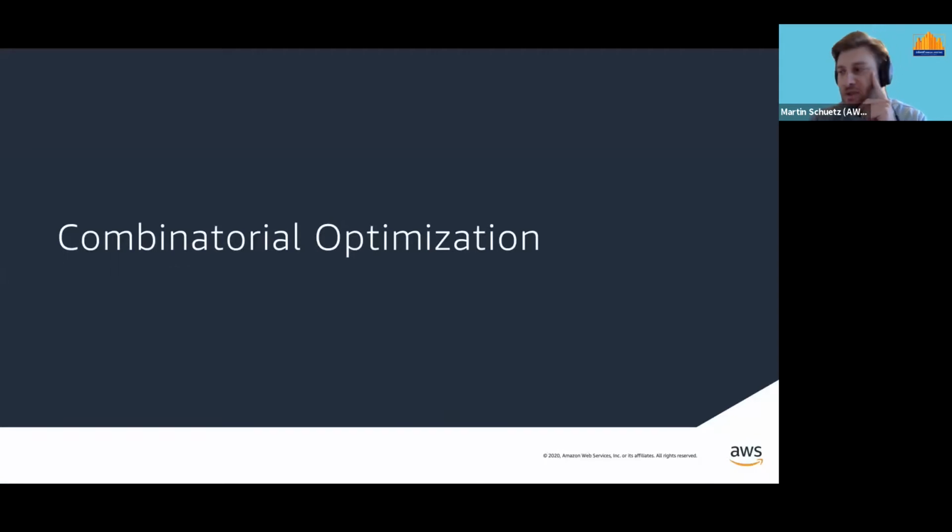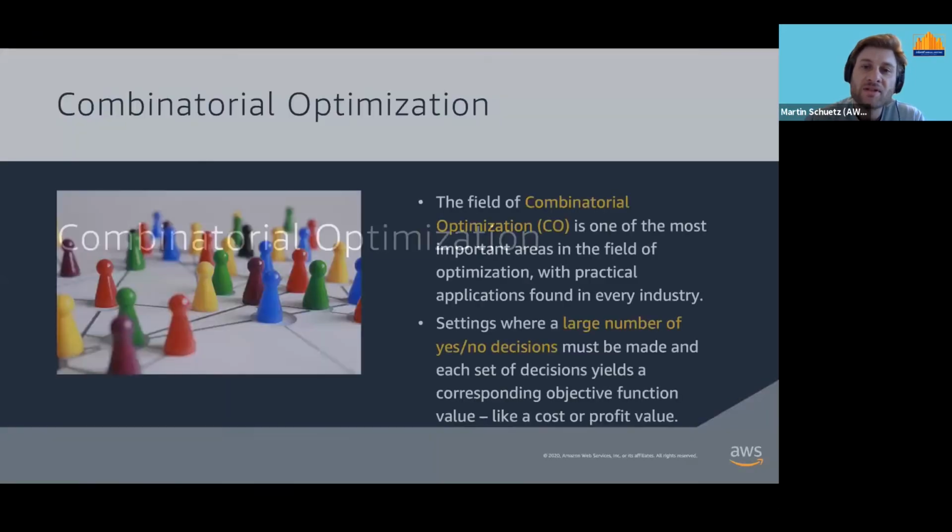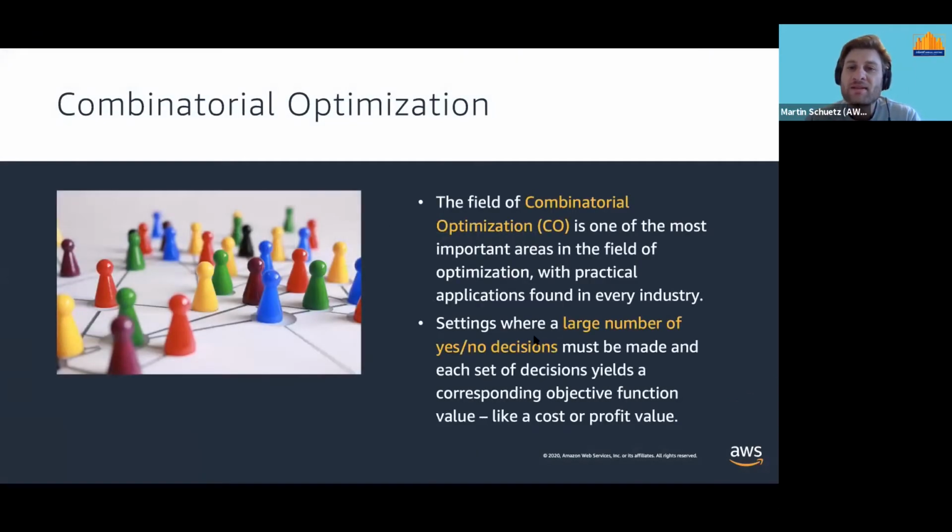And next, I'd like to briefly talk a little bit about combinatorial optimization, in itself a large, very broad, diverse field of research. Combinatorial optimization is one of the most important areas in the field of optimization. Practical applications can be found virtually everywhere: transportation, logistics, finance, manufacturing.